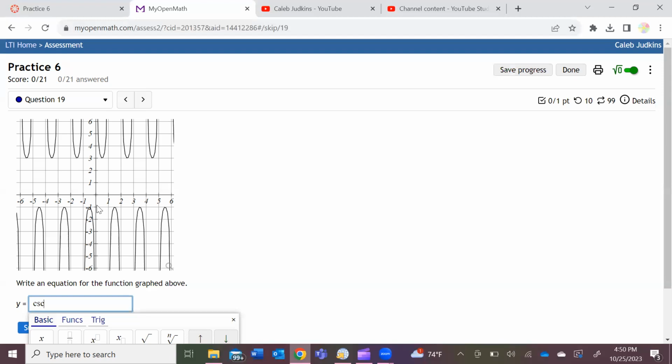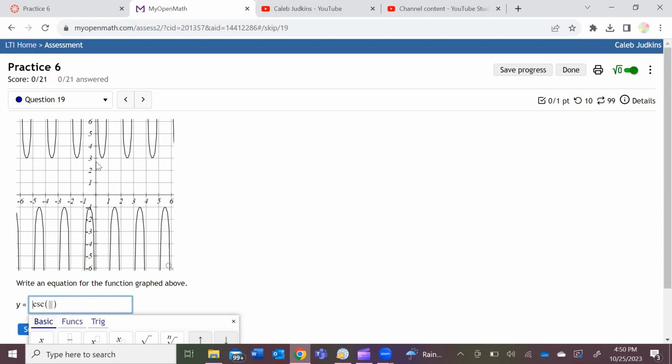So if I think of sine or cosine, which between sine or cosine is crossing the midline at 0, is starting in the middle at 0, and that would be sine. So this is the reciprocal of sine, which is cosecant. So I know that this is going to be a cosecant graph, so I go ahead and type that out, and we'll see how we can fill in the rest of the information.